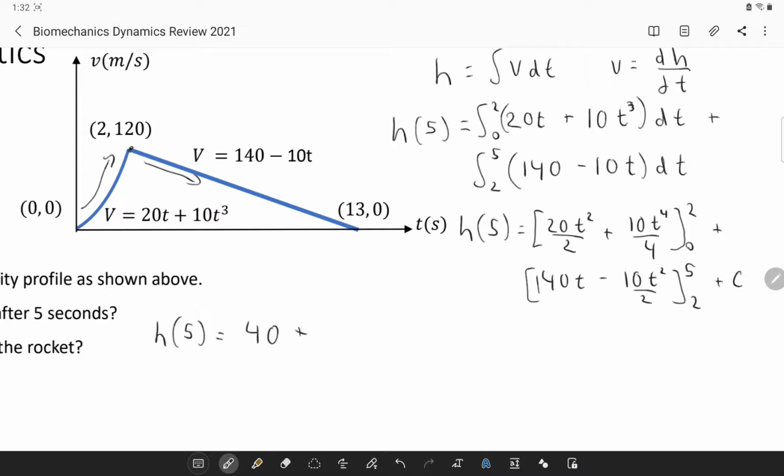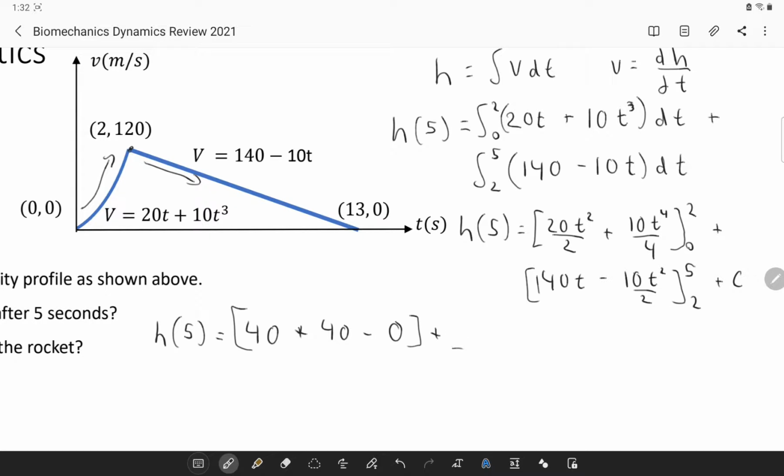Plus 2 to the fourth power is 16, and 16 divided by 4 is 4, times 10, that's another 40. Minus, each of these is going to give us 0, since 0 squared times 20 divided by 2 gives us the entire first term there.